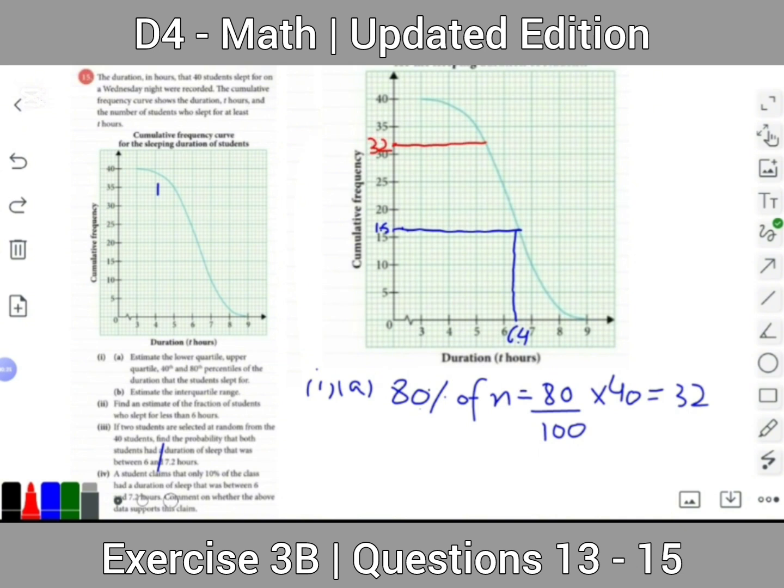Now from the curve, we will draw a vertical line until it touches the horizontal axis. Here we have the values 5.2, 5.4. So between 5.2 and 5.4 we have the value 5.3. So the 80th percentile is equal to 5.3 hours.